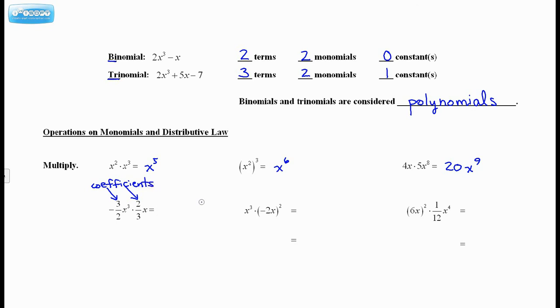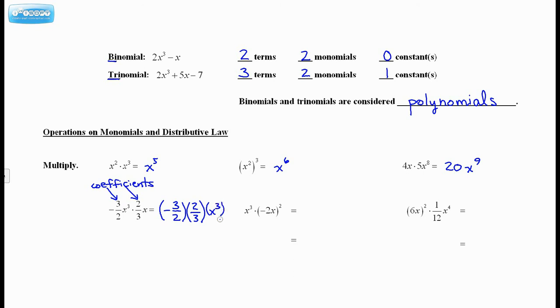Some terminology for you. So I'm actually going to put them side by side so you can see what I'm doing. Just going to itemize them. You don't normally have to show all this work, but it's just so it's clear. This is negative 3 halves times 2/3 times x cubed.